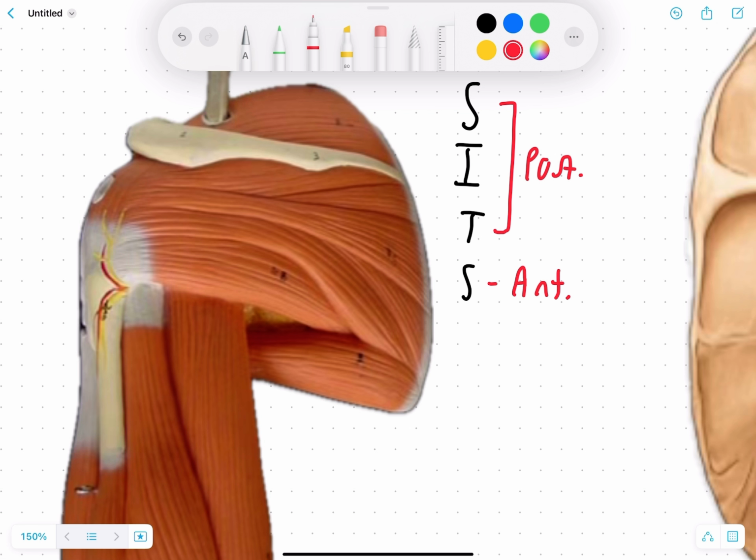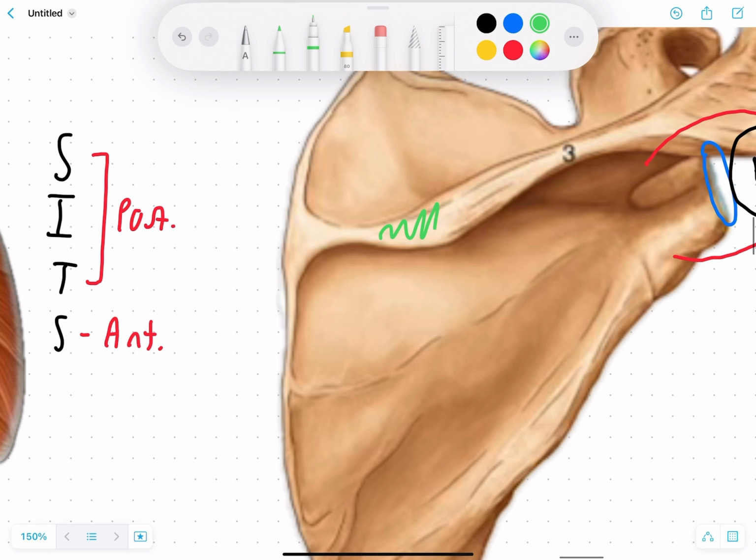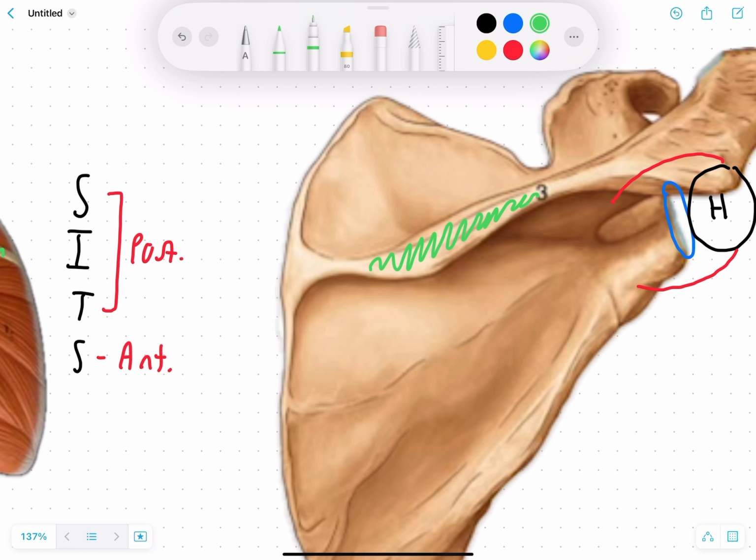But before we do that, I actually want to point out that we have this structure here we can see right here, and that's known as our scapular spine. And if we come over here, we can also see the scapular spine right there. And so we know that if we have a fossa above that spine, we give that fossa the name the supraspinous fossa, and then we have another fossa beneath that spine, and we give that fossa the name the infraspinous fossa.